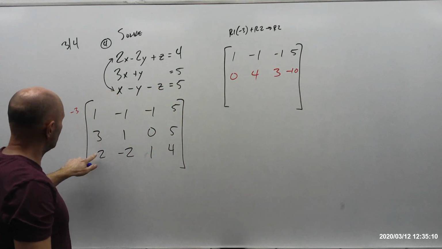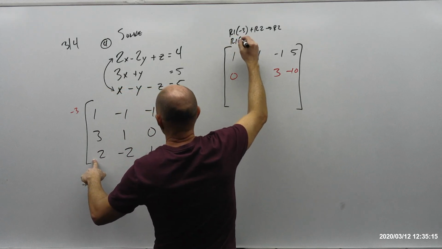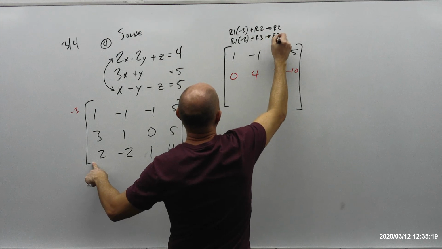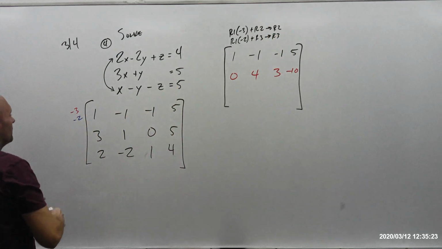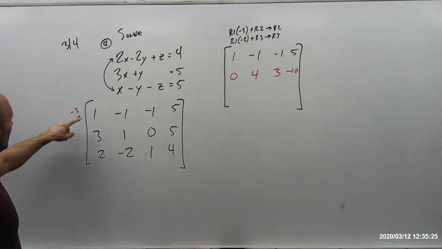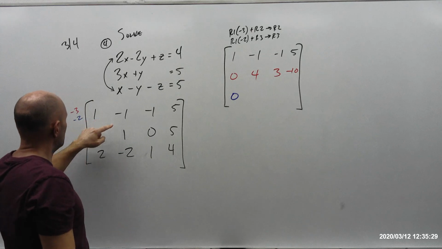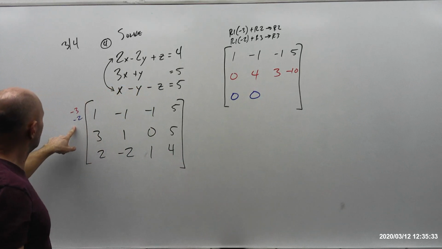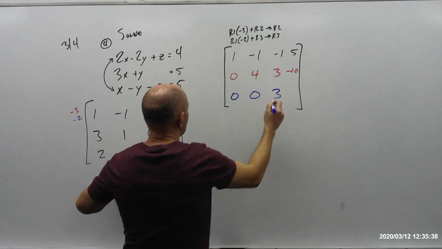And then for a 0 down here, I want to do row 1 times negative 2 plus row 3 gives me a new row 3. Multiply this by negative 2. And negative 2 plus 2 is 0. 2 minus 2, another 0. 2 plus 1 is 3.